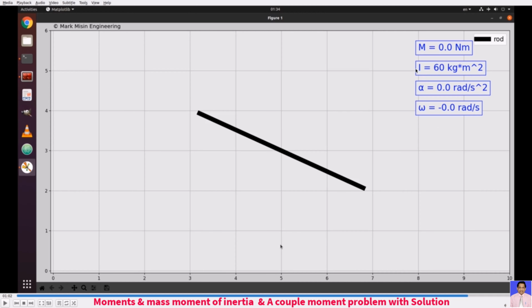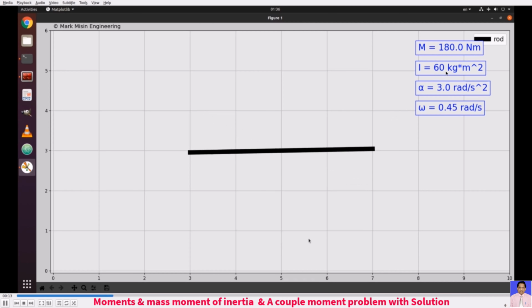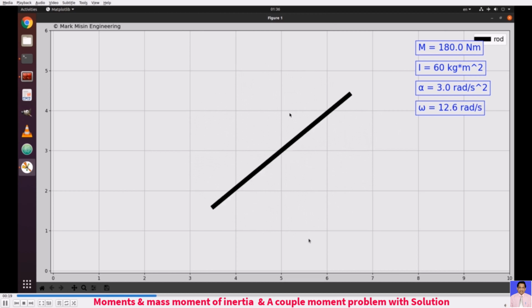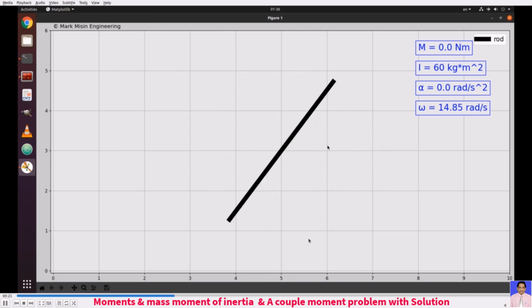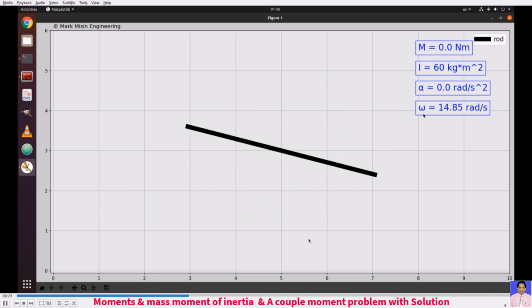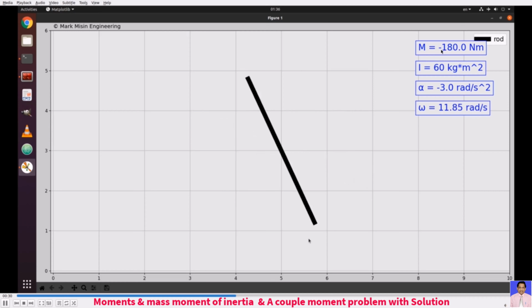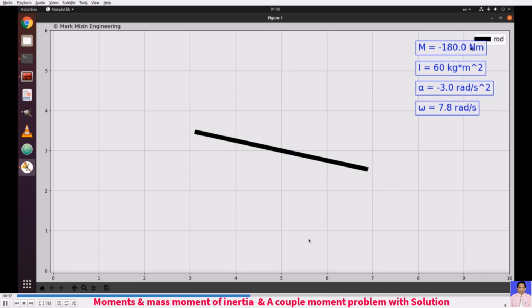But now, let's keep I the same and let's increase the moment. Now my I is 60 and now the moment is 180 newton meters. So you can see that now the rod really starts rotating very fast. And now the rotation is constant because the moment is 0 newton meters. And now after some time, the moment is negative 180 newton meters.